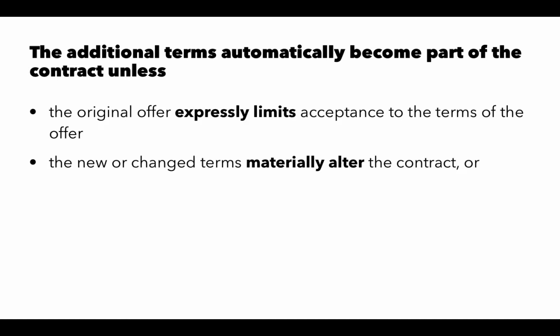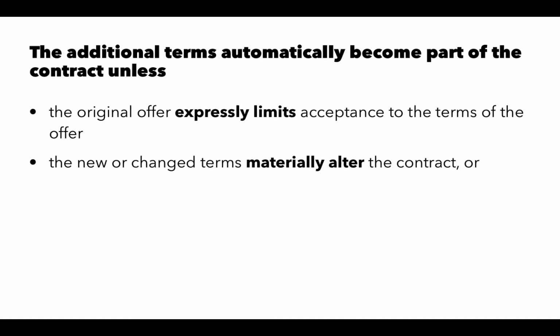And material alteration is a tough concept. In general, material alteration has to do with those factors that are necessary to the performance of the contract. Factors like price and payment and delivery terms, quantity terms.